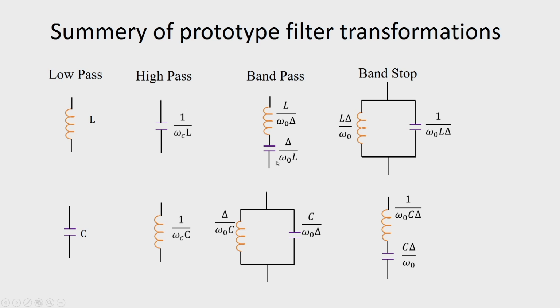You can see that the values of this series and parallel circuit elements can be found out in terms of the original circuit element. For example, here this L and C both are related to original L, and delta we have defined it to be omega 2 minus omega 1 divided by omega naught, and omega naught we have defined root omega 2 into omega 1.